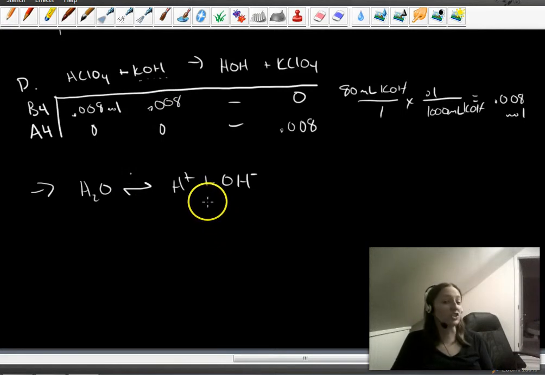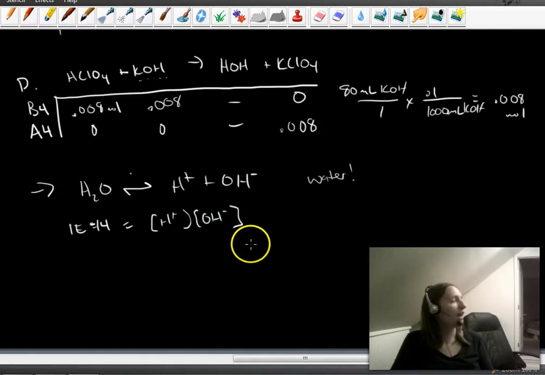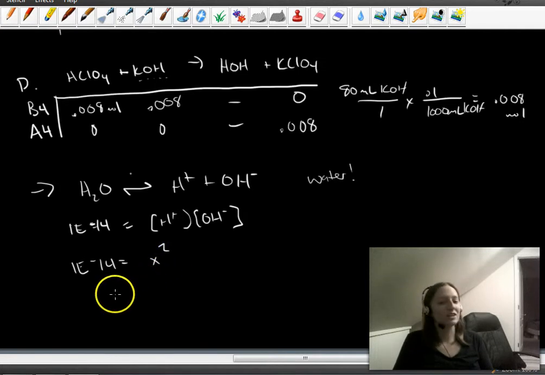So what you've got to do is say, okay, this is water. 1e to the negative 14 equals H plus times OH minus concentration, and they're equal. So 1e to the negative 14 equals x squared, so you take the square root.